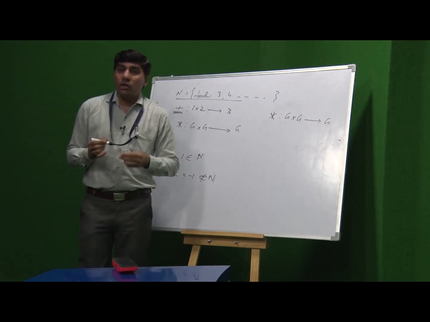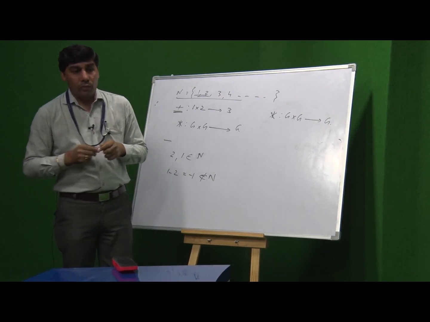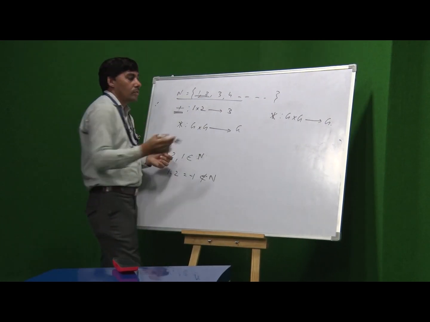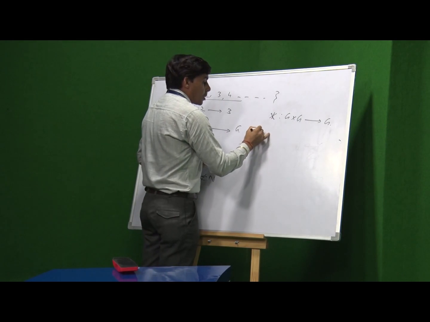Now, the properties of binary operations. We will discuss them one by one. The first property of a binary operation is the closure property.